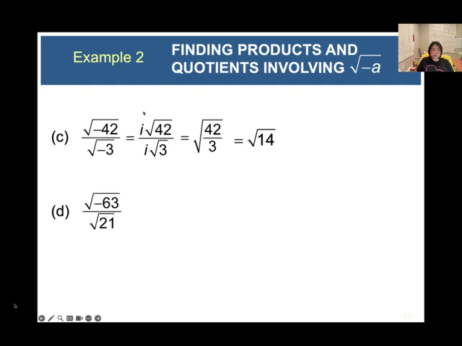So that will be square root of 14. Okay, D. Check your work, combine it, simplify it. You're going to get i square root 3.